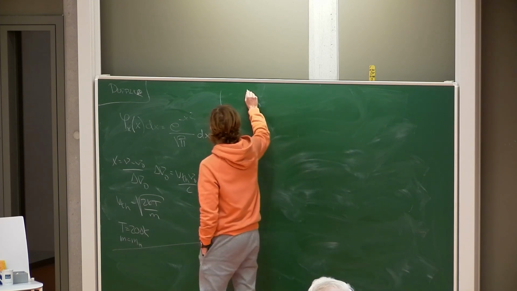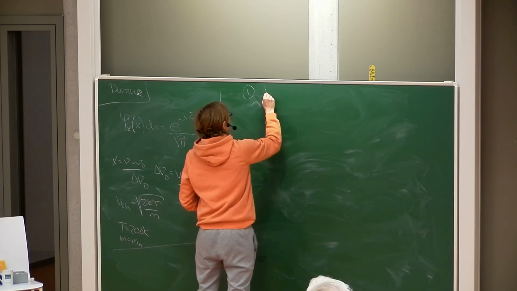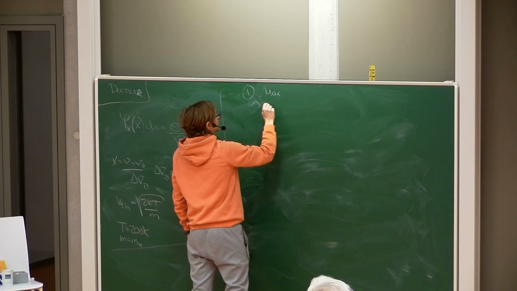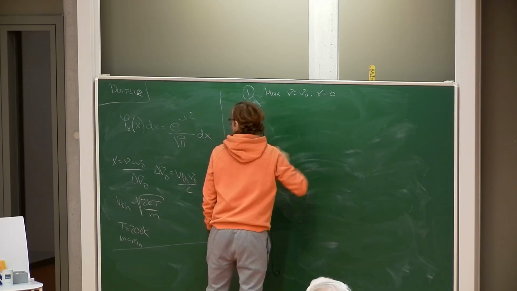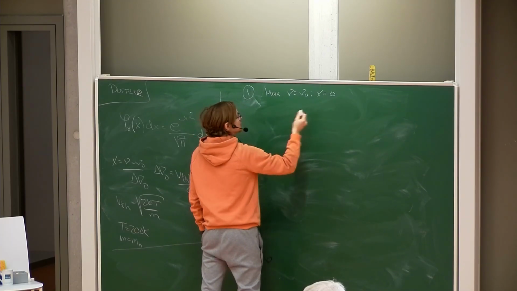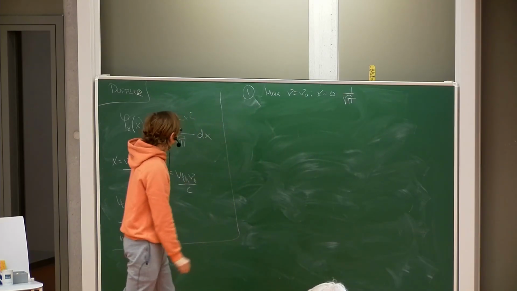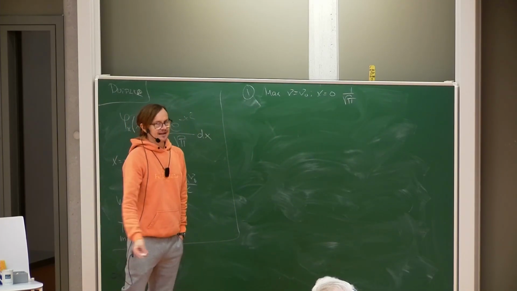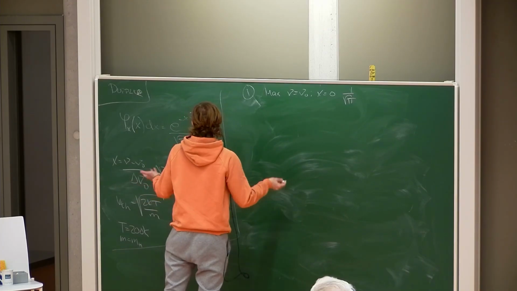So we remember, how did we do this? Well, first we took the peak value. That's the maximum, right? That we know is at nu equals nu 0, equivalent to x equals 0. And in x space, it is 1 over square root of pi. We want half that, and we're interested where we are at half that.